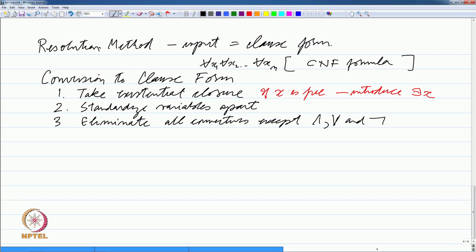So, implication, P implies Q, can be replaced by not P or Q, P equivalent to Q can be replaced by P implies Q and Q implies P, which in turn can be replaced, and so on and so forth. You push the negation inside, because we have seen that negation can create havoc, for example, with the nature of variables essentially. So, if you have a formula like there does not exist x which something something, then you should push it inside and convert it into a for all x formula essentially.